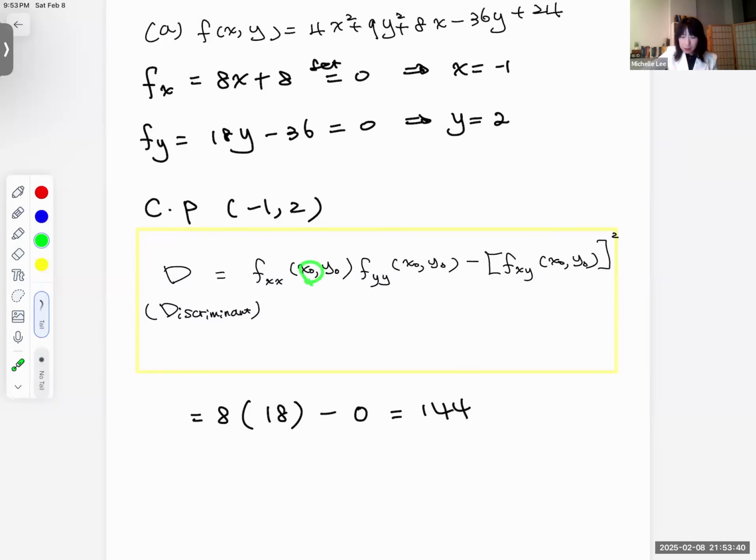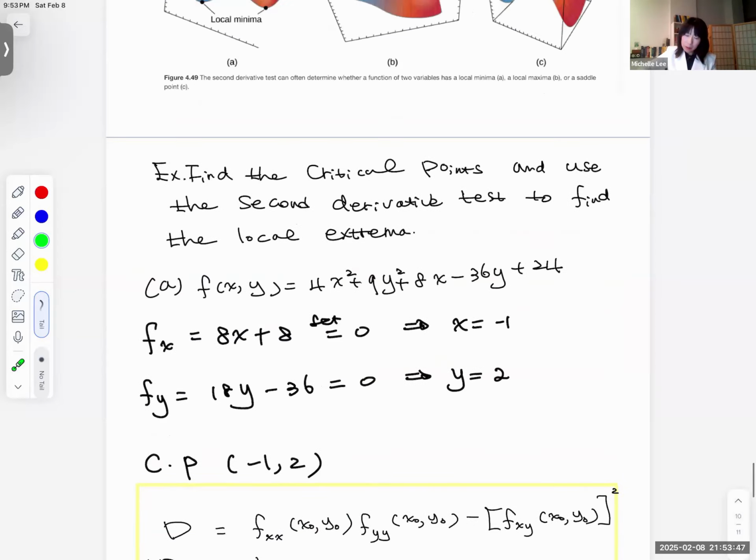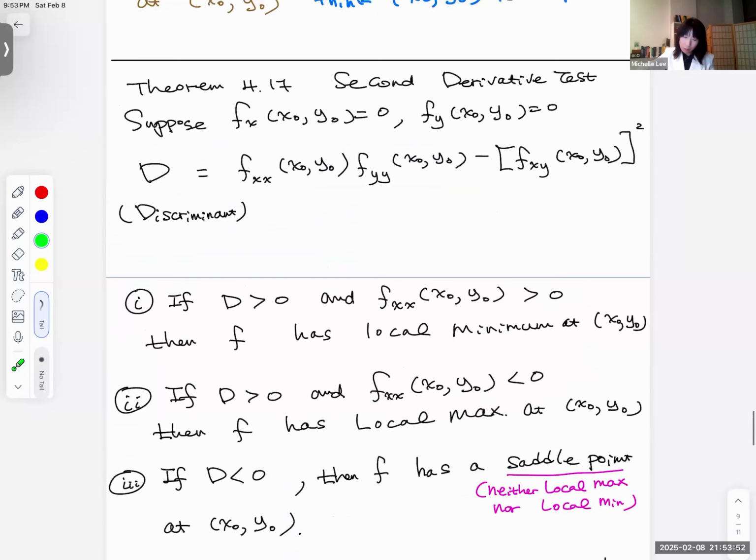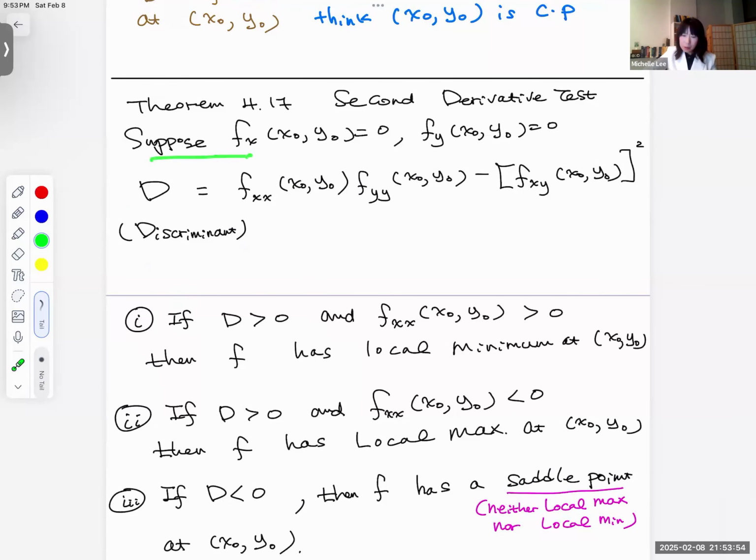So normally (x naught, y naught) is the critical point, because they say here, suppose the partial derivative with respect to x equals 0 and the partial derivative with respect to y equals 0, right? That means this is a critical point, yeah? So the critical point (x naught, y naught).